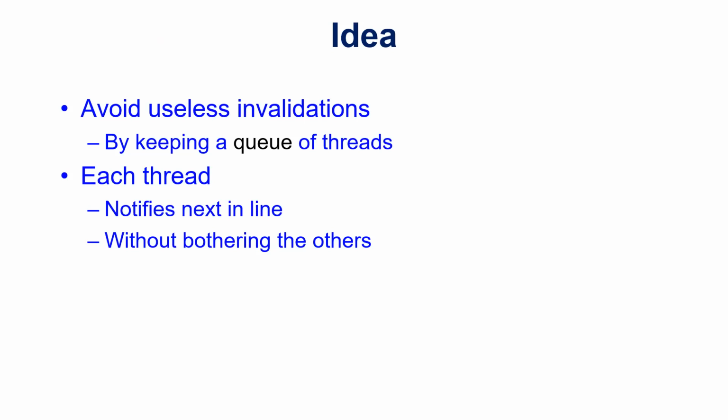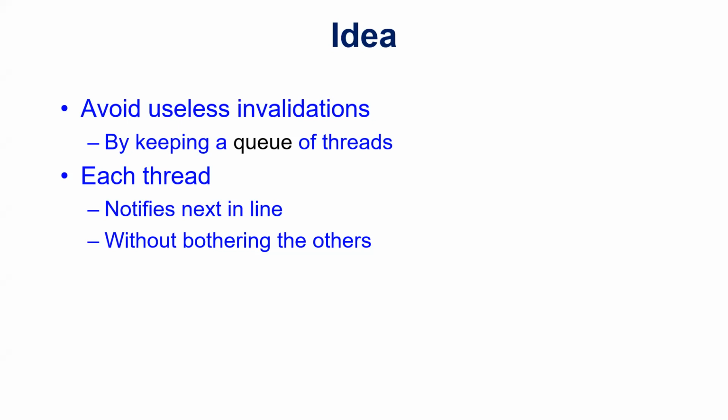Q locks are a type of lock that allows threads to wait in FIFO order, first in, first out. For a shared resource, we maintain a queue. In the queue, each thread can learn if its turn has arrived by checking whether its predecessor has been served.